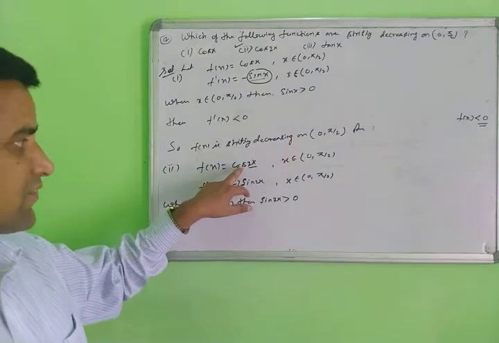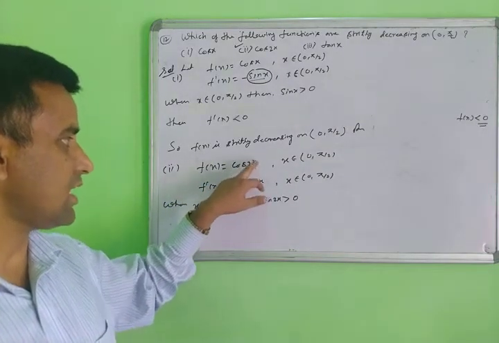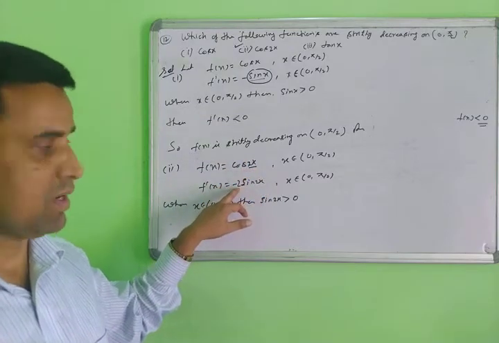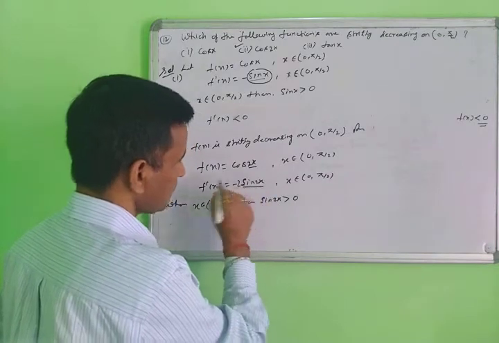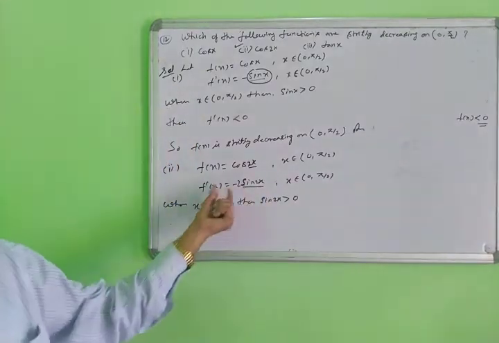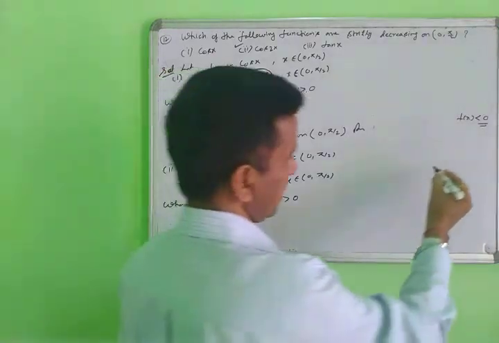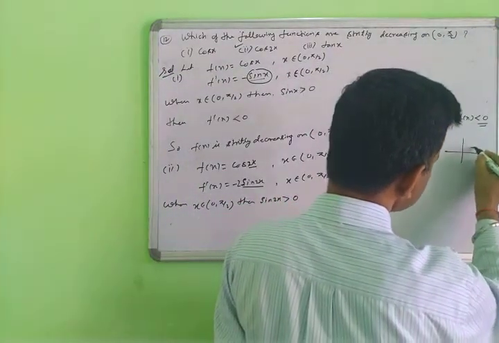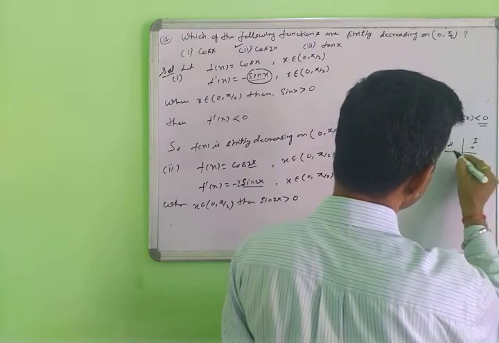When you differentiate cos 2x you get minus sin 2x, and differentiating 2x gives 2. I am taking only sin 2x, since minus 2 is a constant number. You know this is the first quadrant and this is the second quadrant.